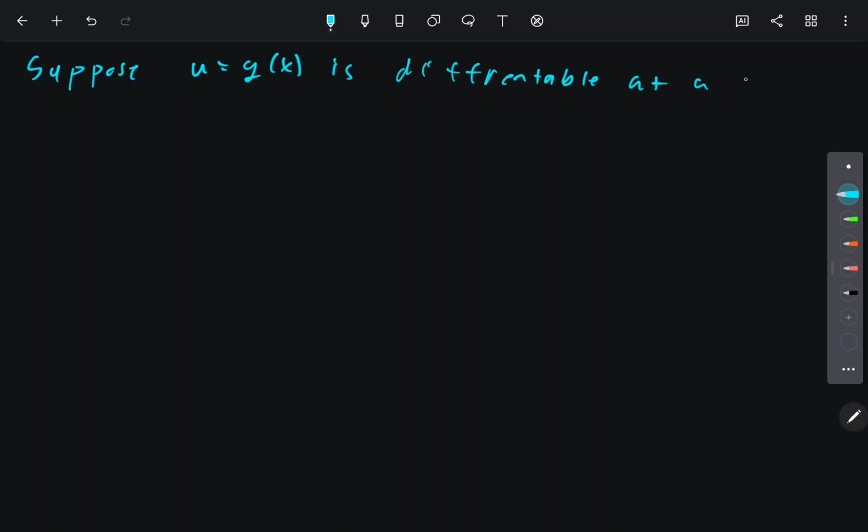And y is equal to f of u is differentiable at g of a. Alright.